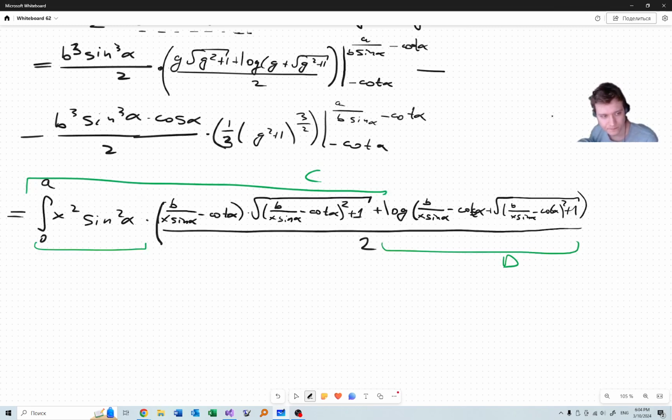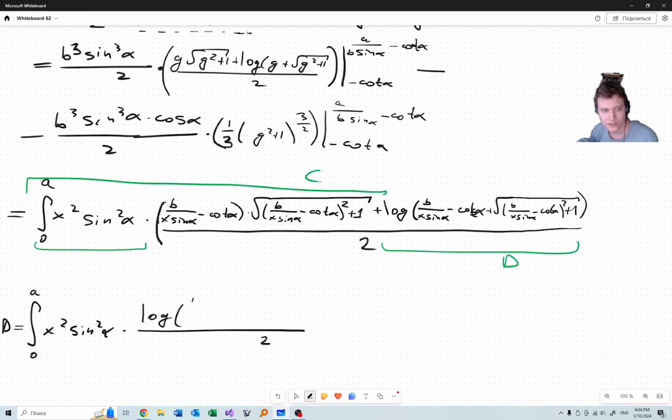So we have the integral from 0 to a of x squared sine squared alpha times logarithm of b over x sine alpha minus cotangent alpha plus square root of b over x sine alpha minus cotangent alpha squared plus 1.